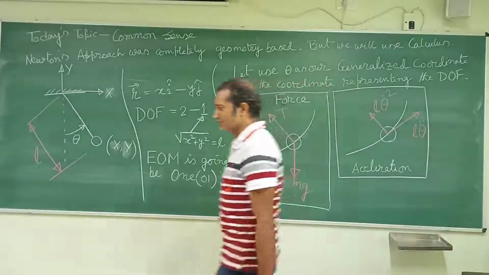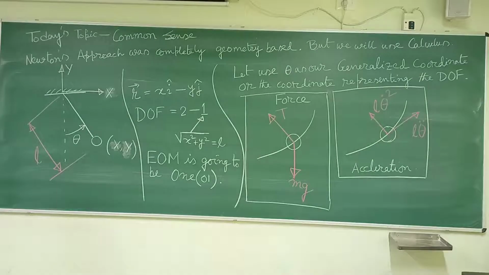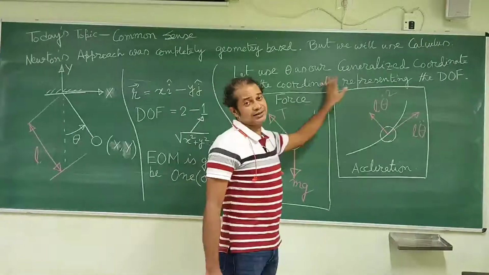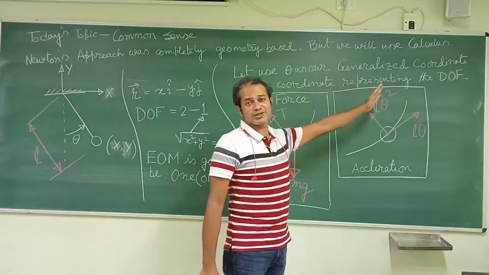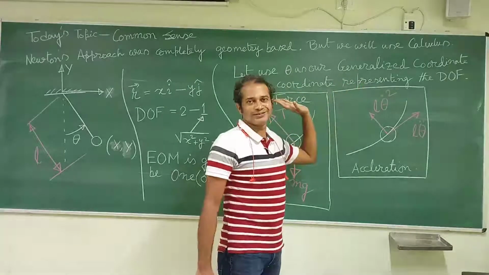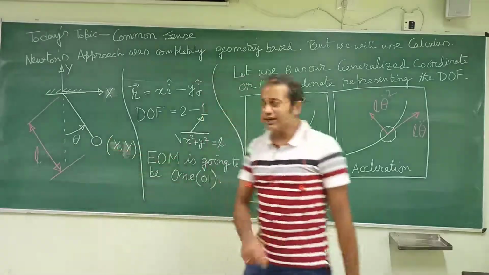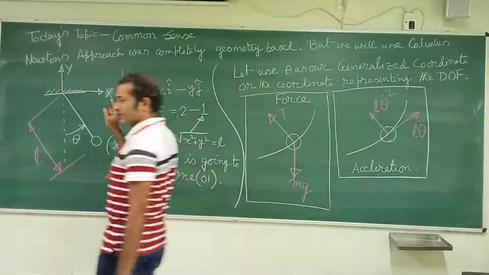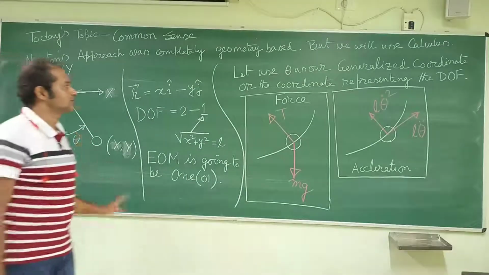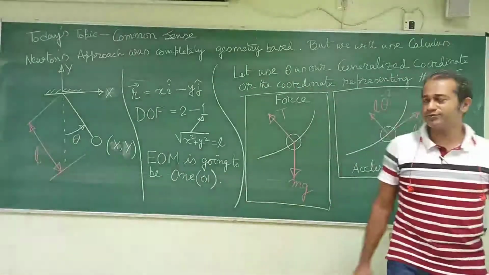I think you are wondering what a generalized coordinate is. Okay, so let me tell you in simple words. The generalized coordinate is nothing but the coordinate which is representing the degrees of freedom. Over here, theta gives only the angular motion, and we are using theta as our generalized coordinate to represent the degrees of freedom.